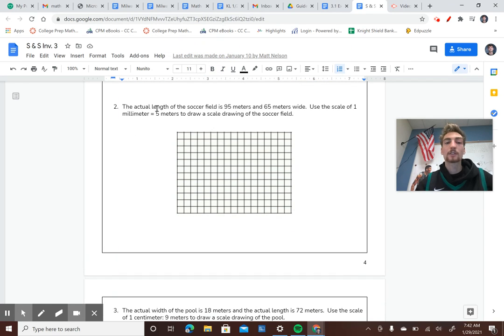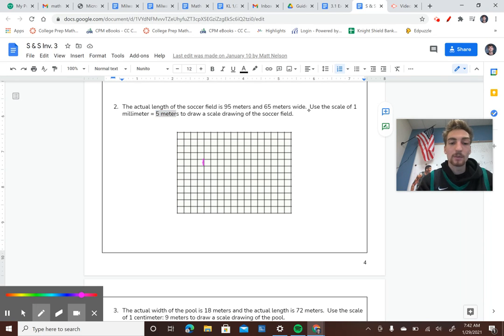Same thing here. The actual length of a soccer field is 95 meters and 65 meters wide. Use the scale drawing of 1 millimeter equals 5 meters to draw a scale drawing of the soccer field. So just drawing 1 millimeter, okay, which is going to be, each of these boxes is going to represent 1 millimeter. Just one of those represents 5 meters.